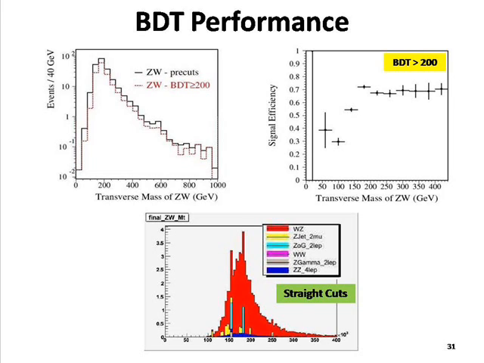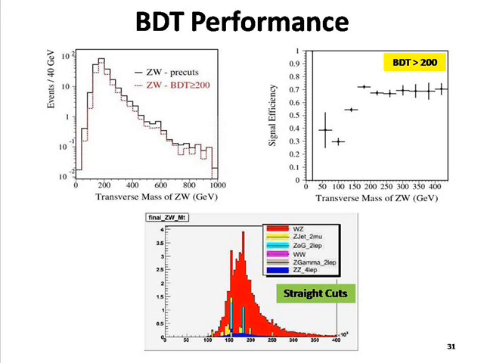If you look at the top left one, they are consistent with each other, very good. And on the right, you see after the mass of 170, the signal efficiency holds at around 70%. So this is pretty stable.